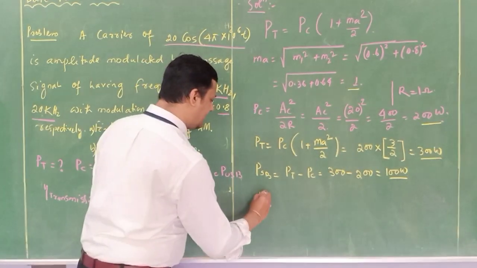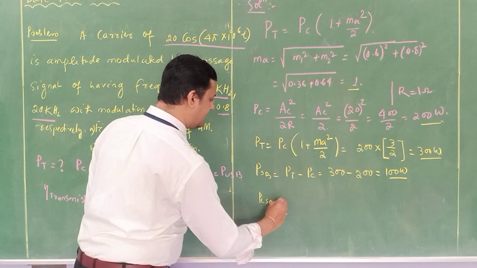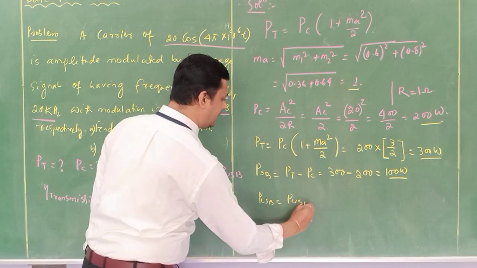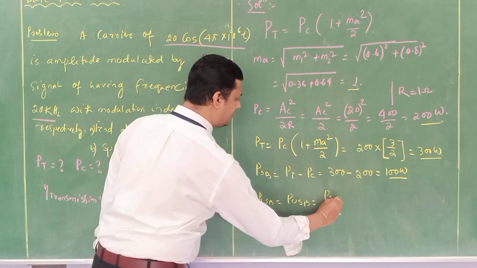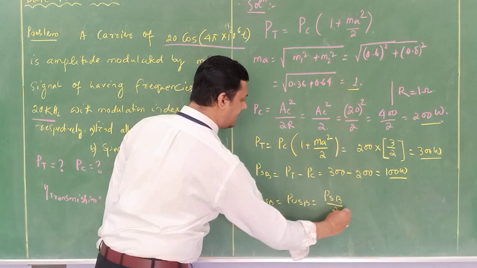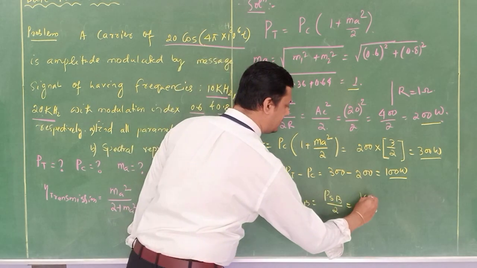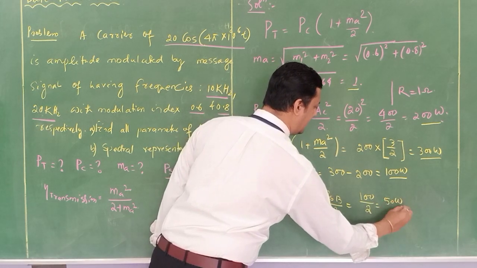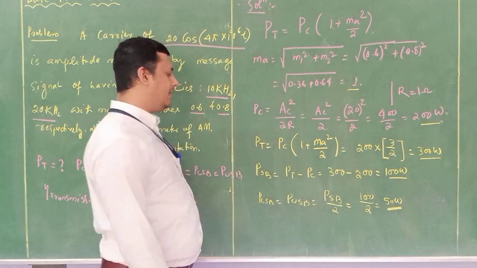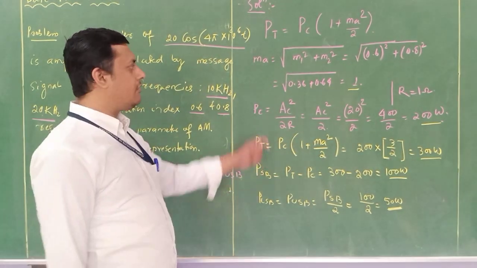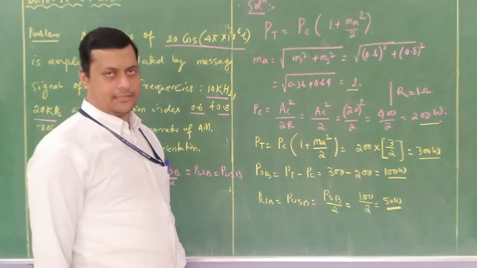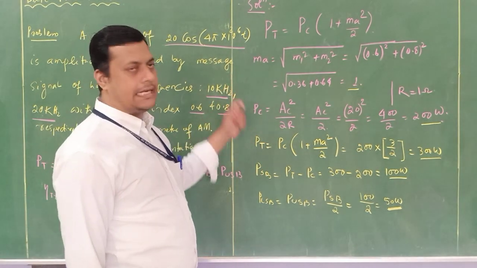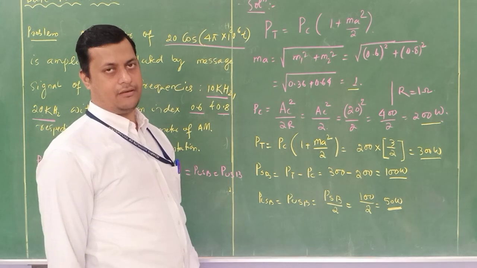Now next, P LSB equals P USB equals the sideband power divided by 2, which is 100 divided by 2, which is 50 watt. So this is my sideband power according to the given relations.